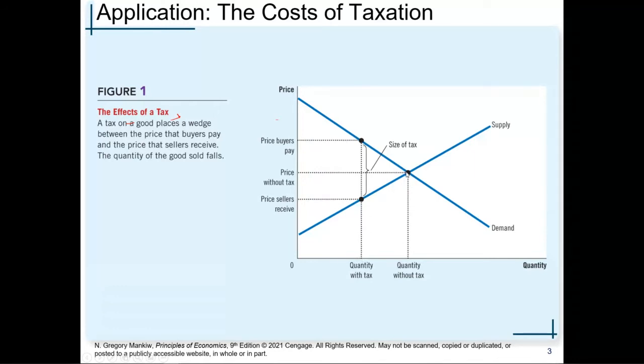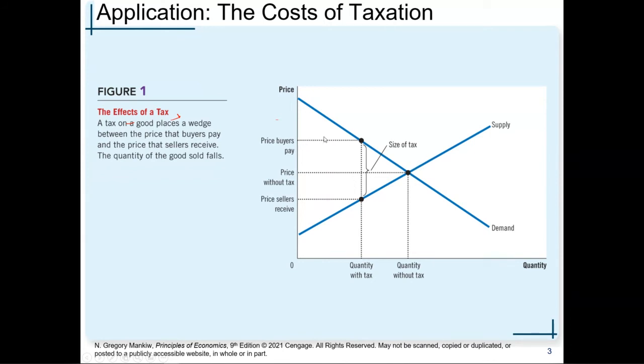Now, anytime the price is not in equilibrium, whether it be high or low, we have a market failure. And here we have the deadweight loss from the taxes. As we talked about in, I think it's chapter 5, this ratio can change, and it's all based on the slope of these curves.